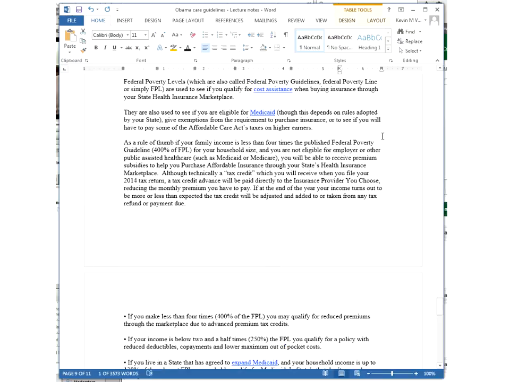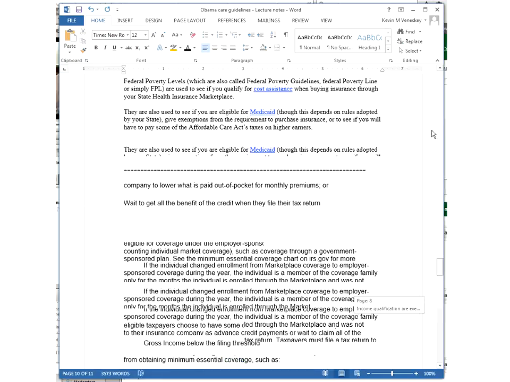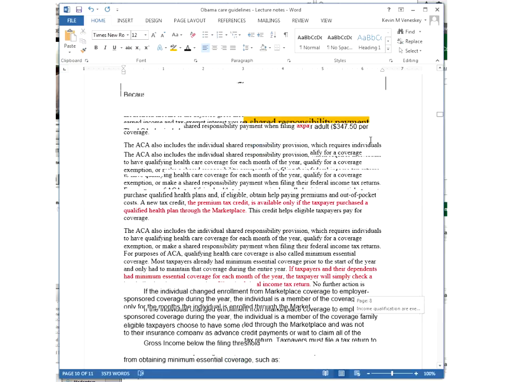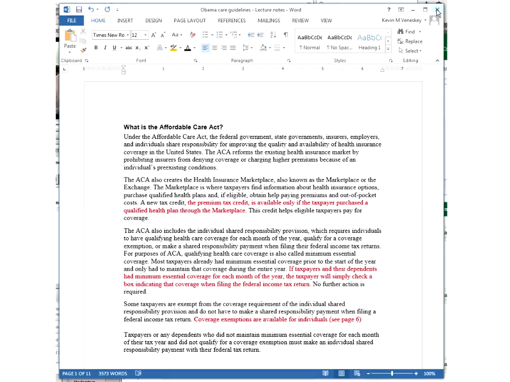Okay, I think that puts us at about the half-hour, 40-minute mark, and that's where I like to try to keep us at. I'm probably not going to go through where the things go on the 1040, except knowing that when you're filing a 1040 on the back, on line 61 is where if you did have full health insurance, you would click that box, and then you don't have to do anything else.